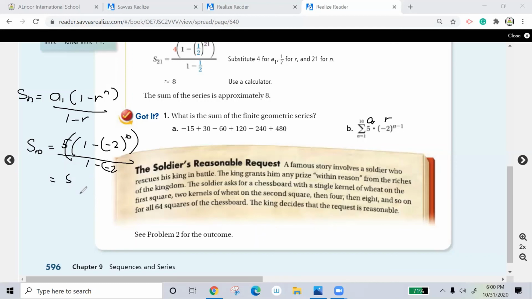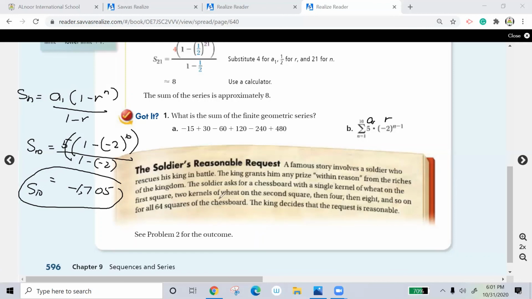What number is that? If you simplify this on your calculator, it will give you negative 1,705. So S sub n, or the sum of all those 10 terms, is negative 1,705, or the sum of the series is negative 1,705.